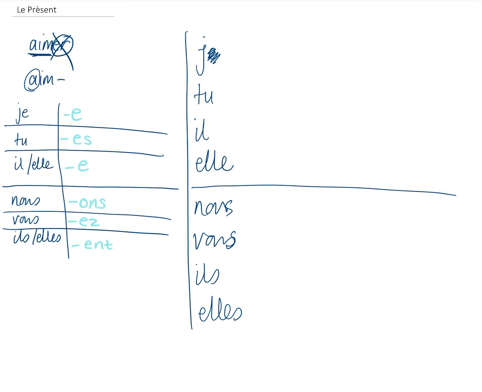We have je and we add an apostrophe. So it becomes j'. Then we add our stem, which is this bit here, AIM, to each of our pronouns. So j'aim, tu aim, il aim, and so on.